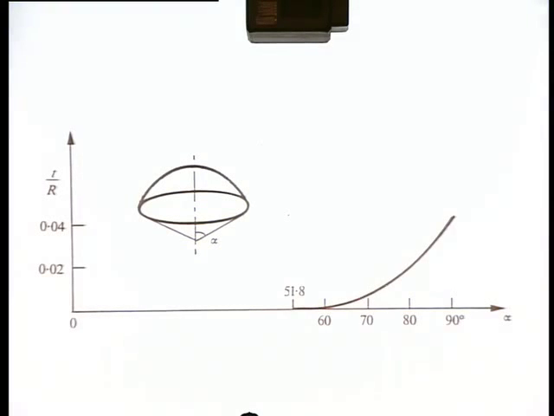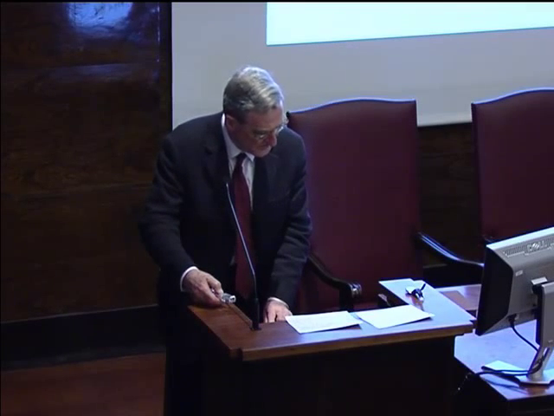And this is just a plot of the minimum thickness required, going up, as I say, to a thickness of about 0.04, or R over T of about 25. Still a thin shell here.